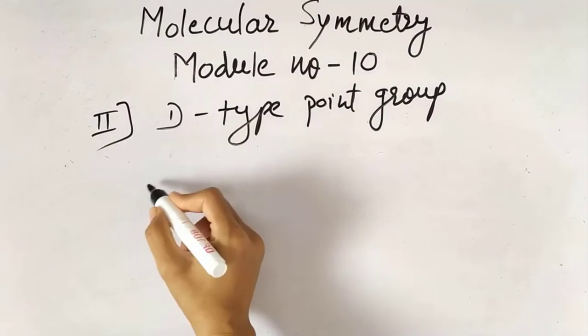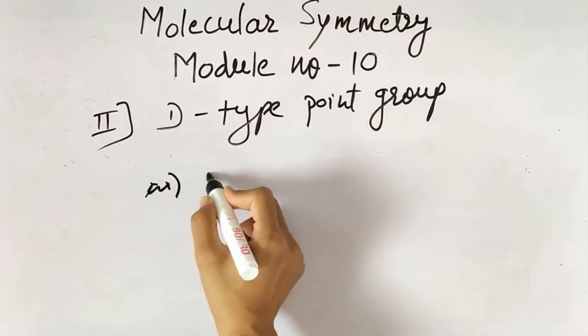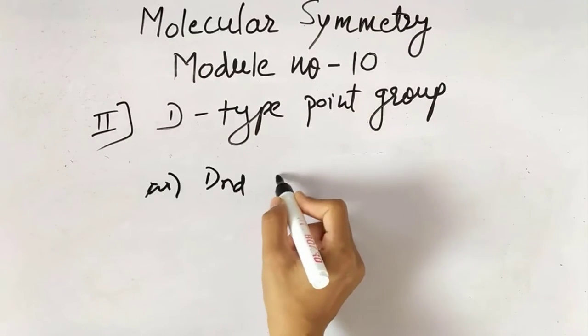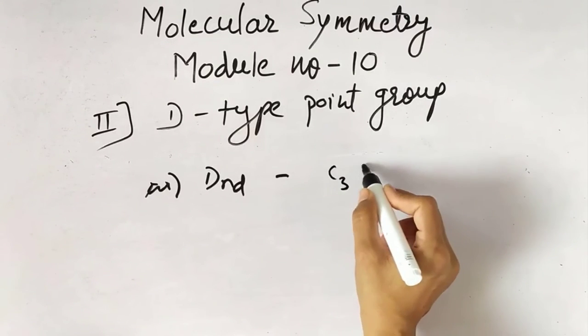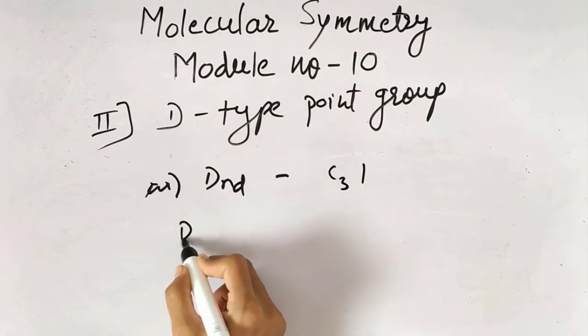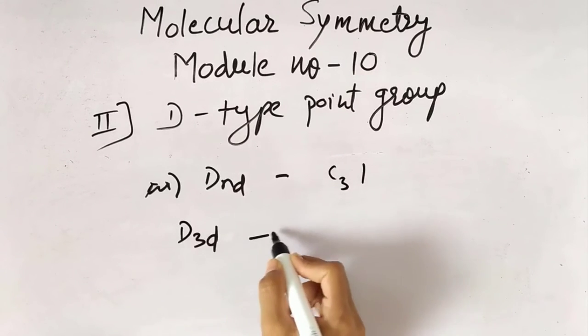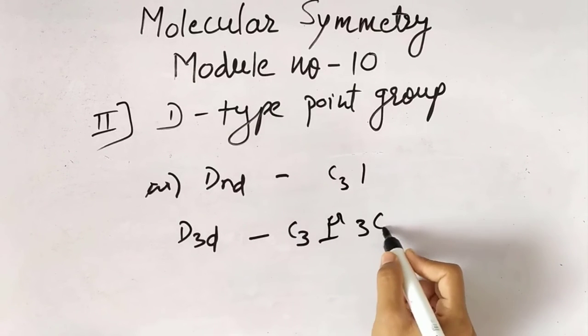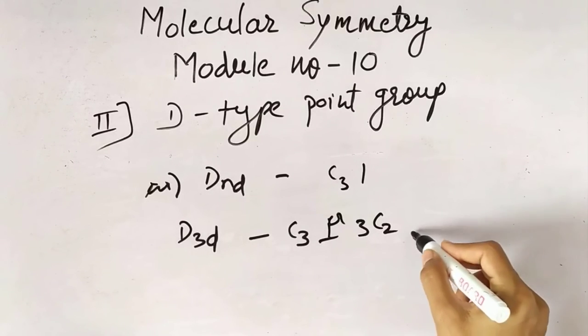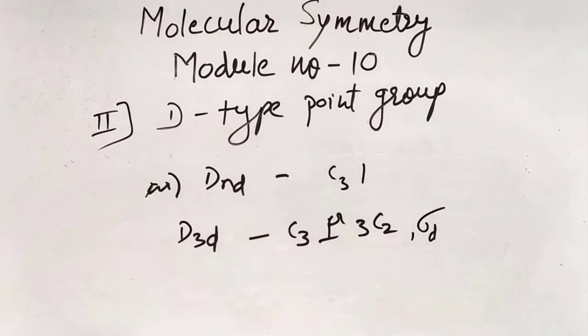Now the third example, or third type, we will see: D4H. What will be the symmetry elements? Of course there will be C4. If you are discussing D4, then there must be a C4 perpendicular to 4 C2s, and there must be a dihedral mirror plane.